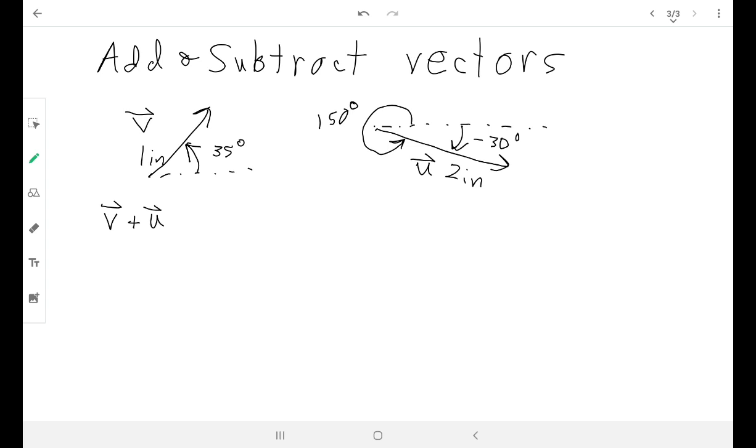And to do that, to add vectors, I know what your book says because I use the same book for my pre-calculus students. So your book gives you 2 methods. I'm only going to give you one because I think it's the easiest, the most straightforward, and it works really, really well. And that is the so-called tip to tail method.